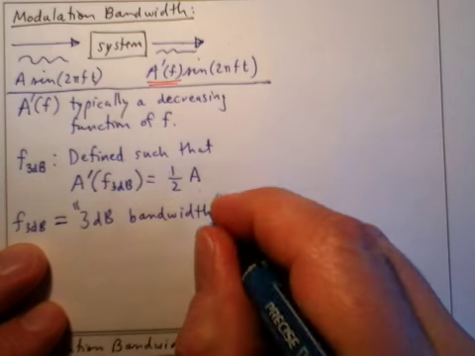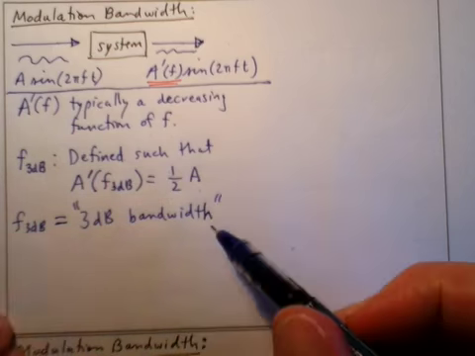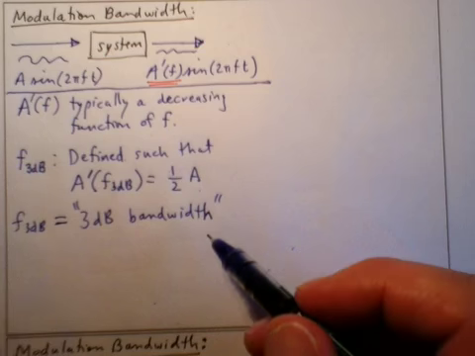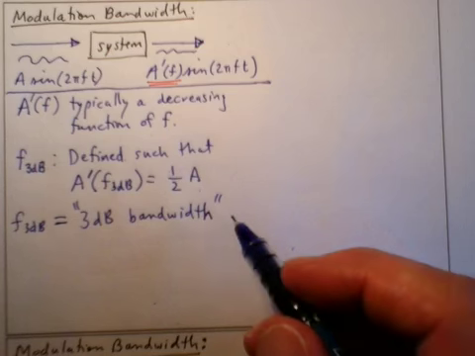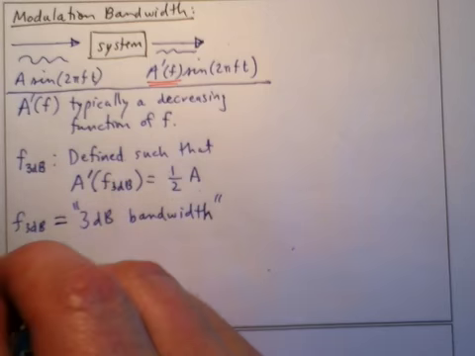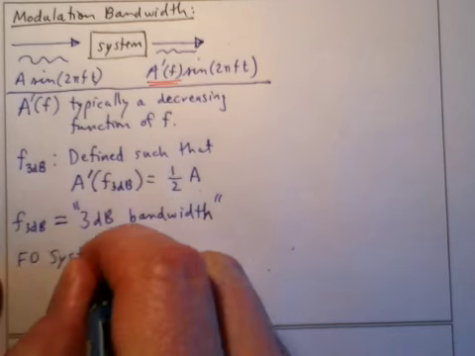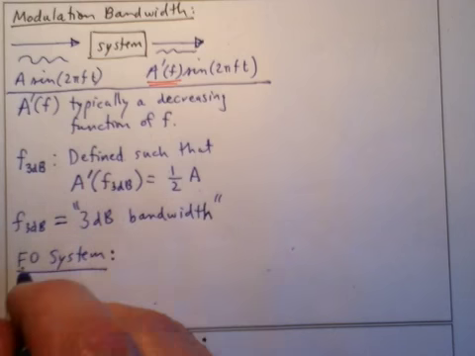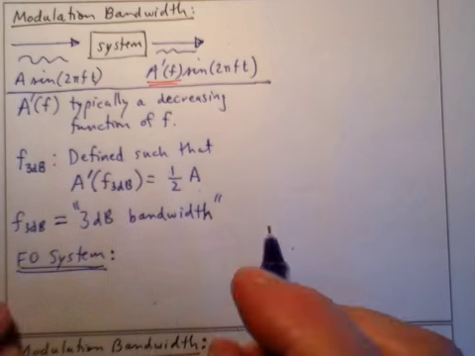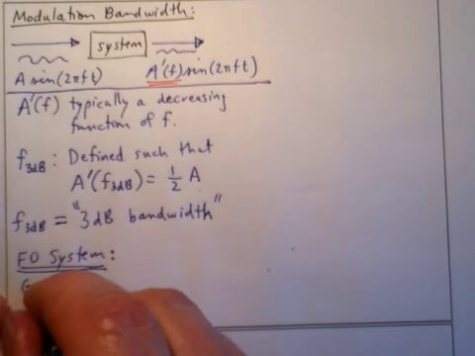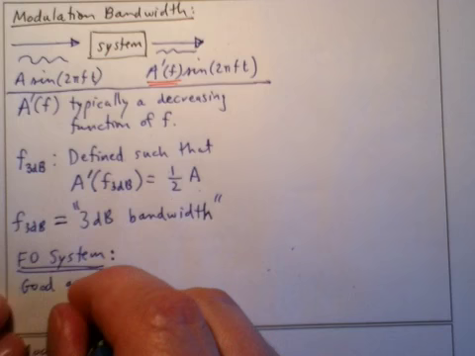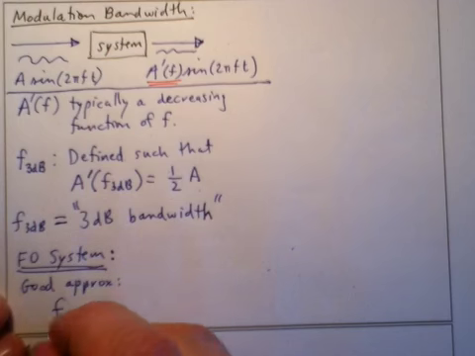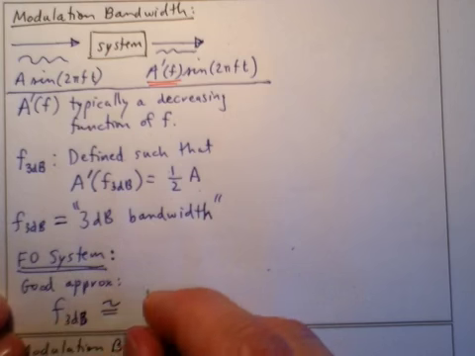And it's important because, as I say, it is a fundamental way of characterizing the frequency response of many systems, and for our fiber optic systems, we do have a fundamental pulse spreading phenomenon occurring, and a good approximation is that the F3dB is approximately equal to 1/2 delta tau.